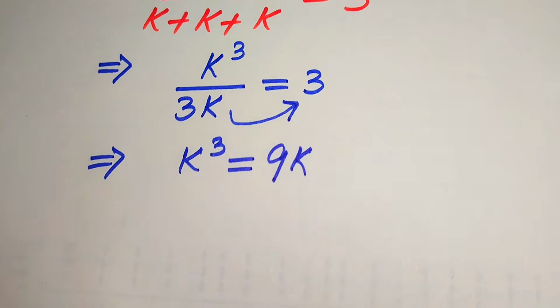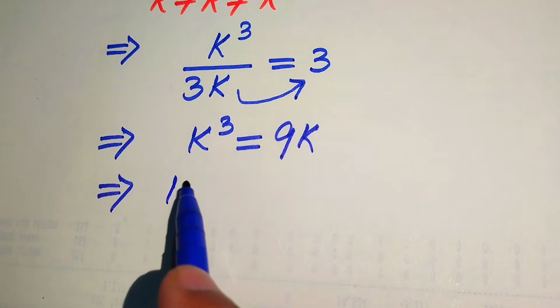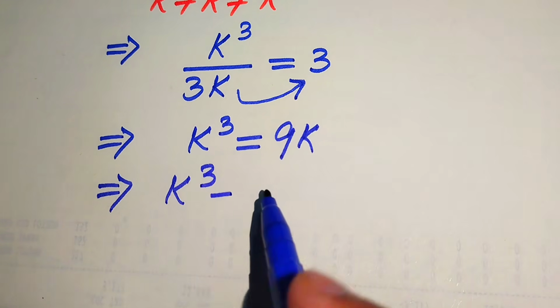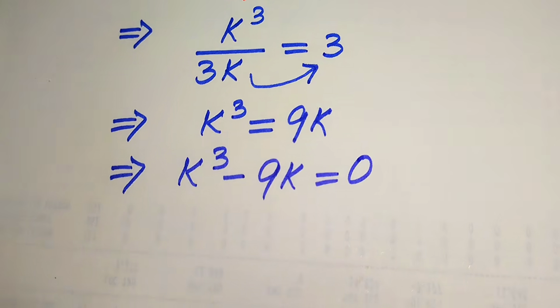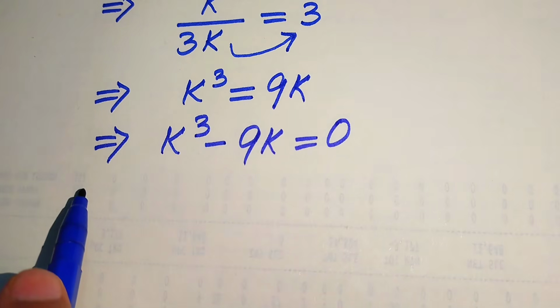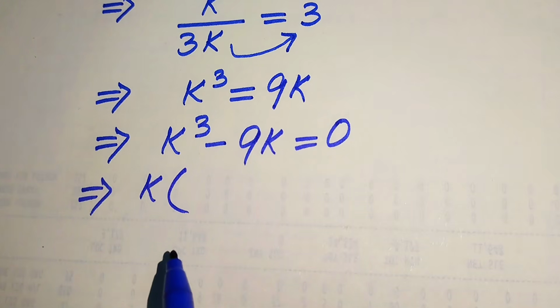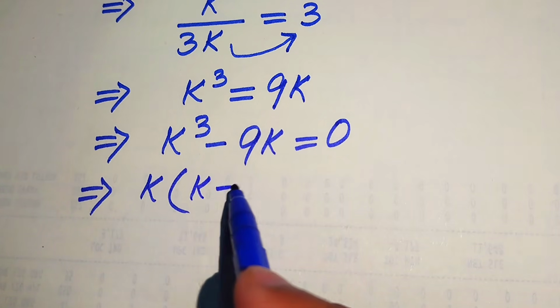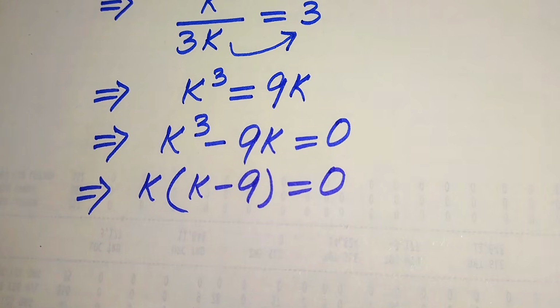Now in the next step, we move the term 9k from the right hand side to the left hand side, and it will be written as k cubed minus 9k, and this whole equation is equal to 0. Now you see that both of these two terms involve k, so we take common k from here, and when we take common k, the remaining values are k minus 9, and this whole equation is equal to 0.